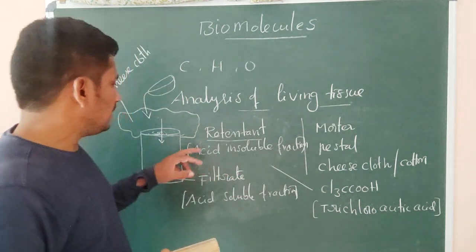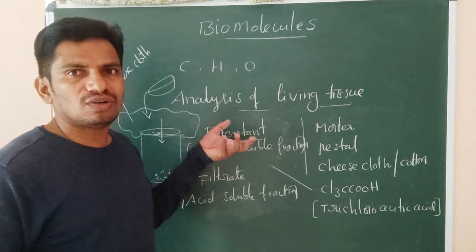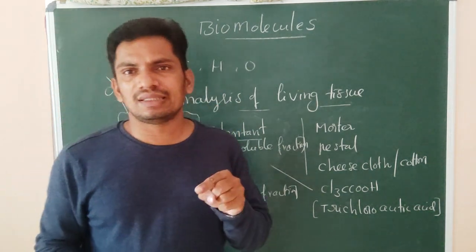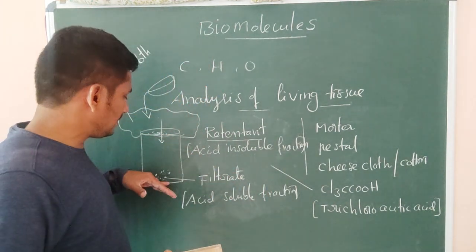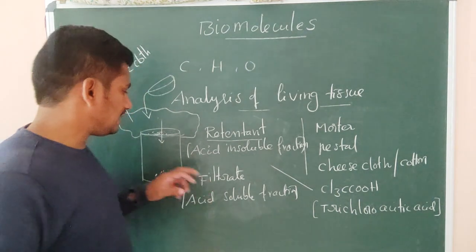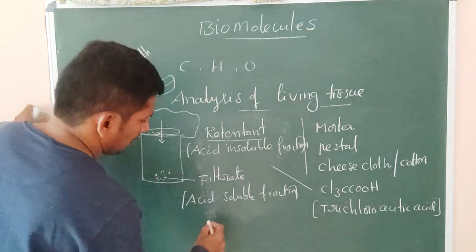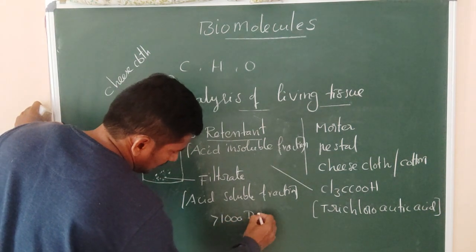Now, the acid insoluble fraction, the retentate, has the higher molecular weight. That is the reason it does not filter into the beaker. But the acid soluble fraction has a low molecular weight, less than 1000 daltons.